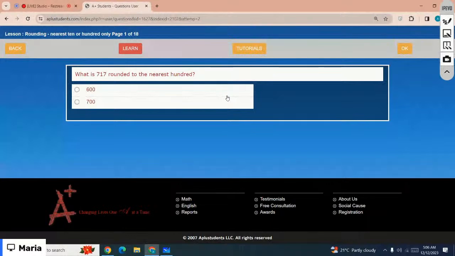Yes, the correct option is 717 is rounded off to 700. Very good.